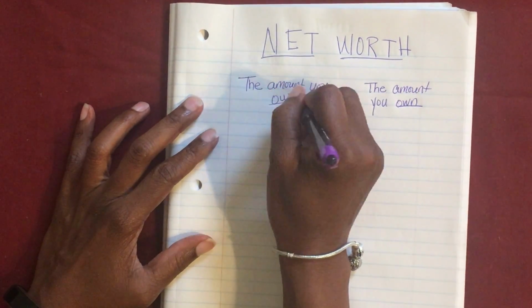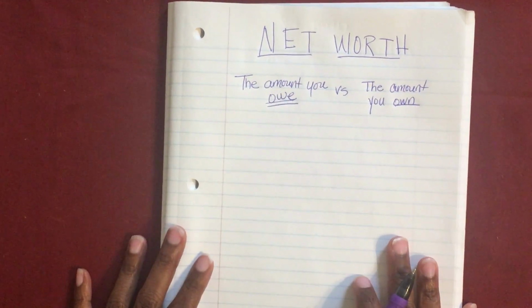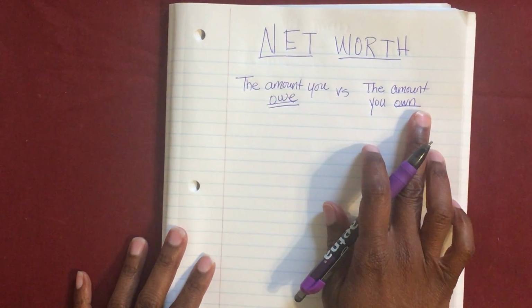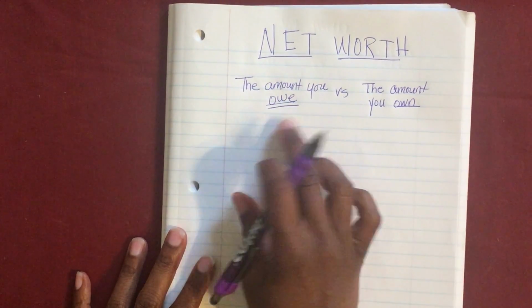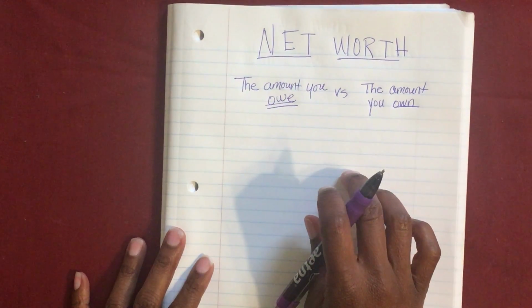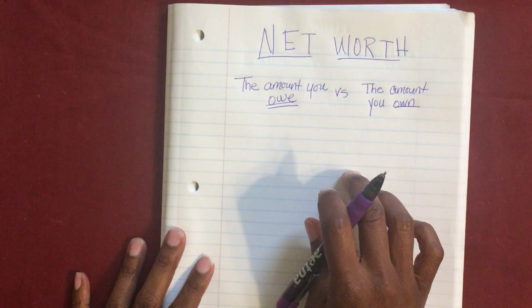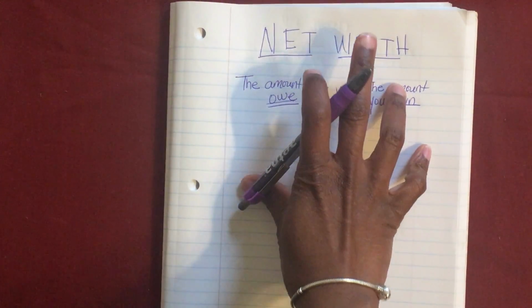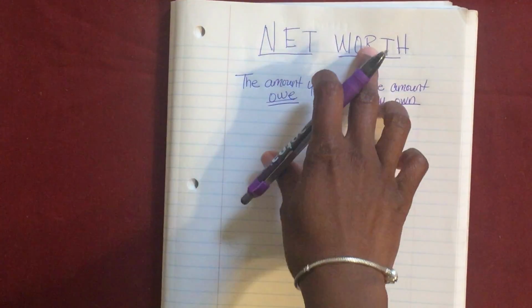Okay, so let's let that soak in for a minute. These two numbers, the amount that you owe versus the amount that you own, is going to determine your net worth. Okay, your net worth.